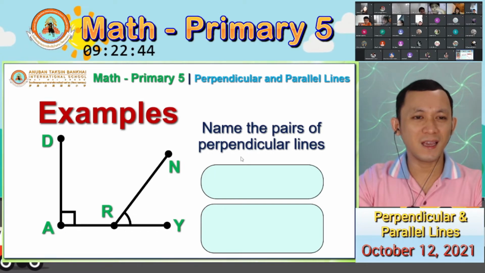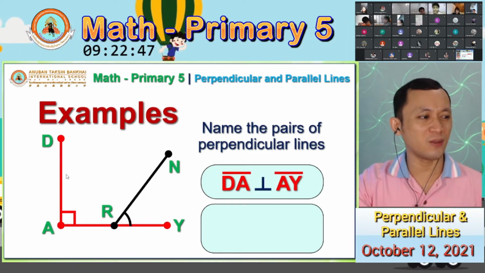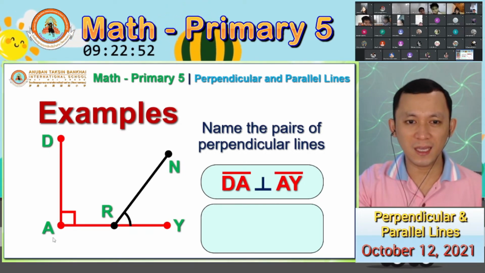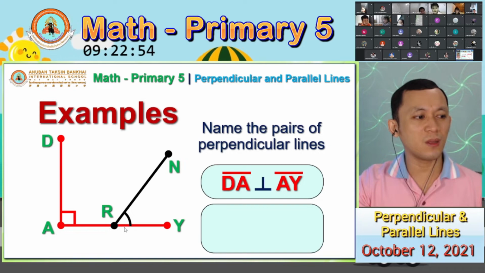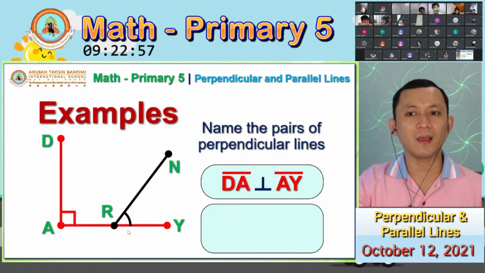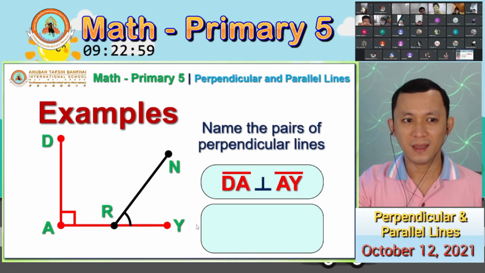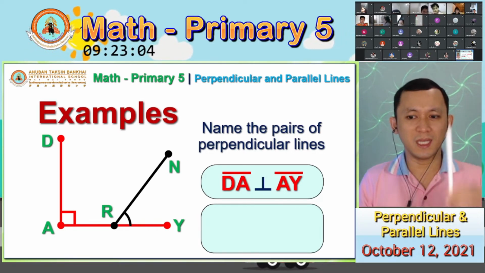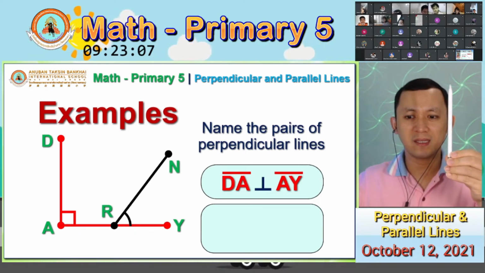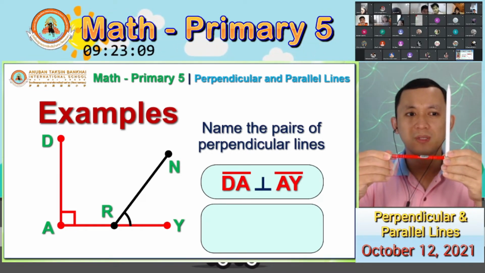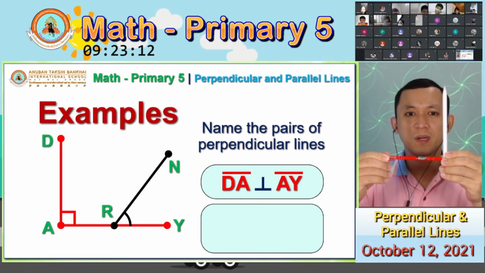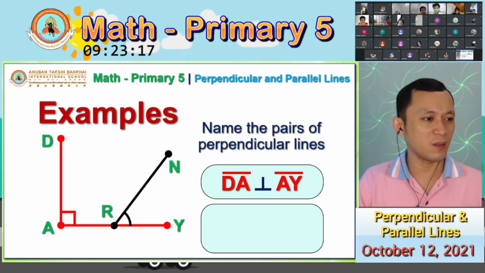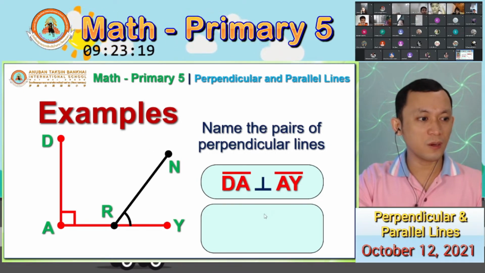Yes, so therefore we can say that line segment DA is perpendicular to line segment AY. Look carefully. Line segment DA and line segment DY make a 90 degree angle, so they are perpendicular for sure.